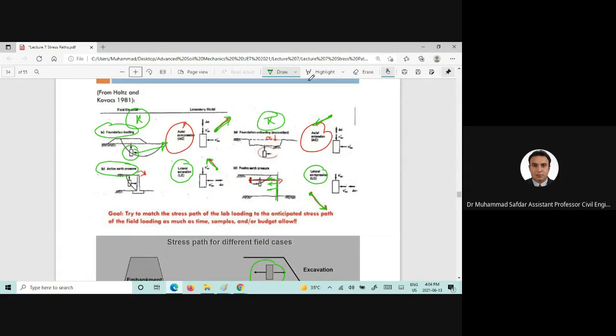And if I say this is the foundation loading, foundation unloading or excavation, and this is the earth pressure, active earth pressure, I would say active earth pressure condition, and this would be the passive earth pressure condition.